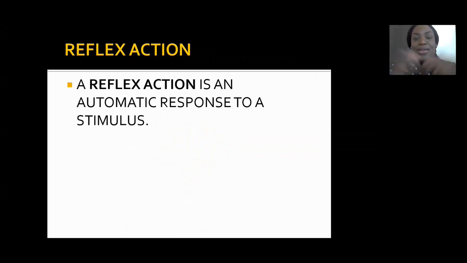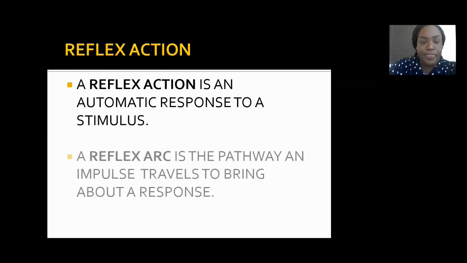It is an automatic response to a stimulus. Key word in there is automatic. Automatic means you don't have to use your brain. You don't have to think about it. It just happens, okay? And it is a response to a stimulus, meaning that something has to trigger you to create a response, automatically.